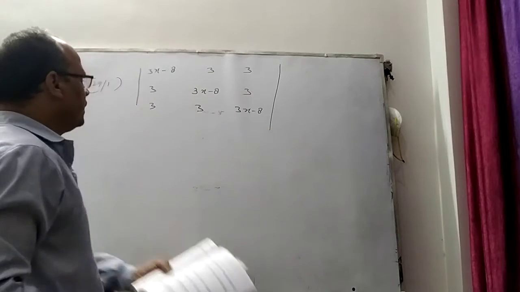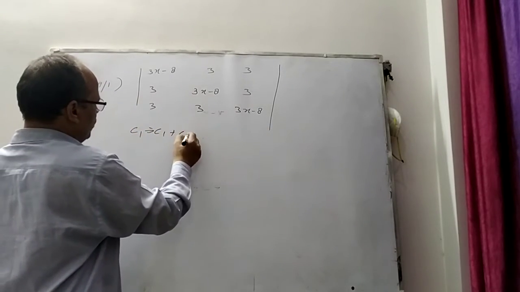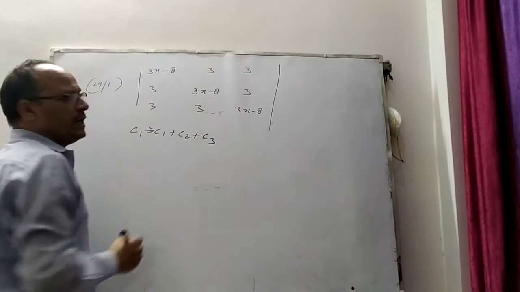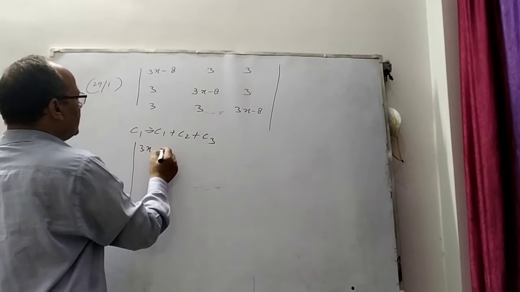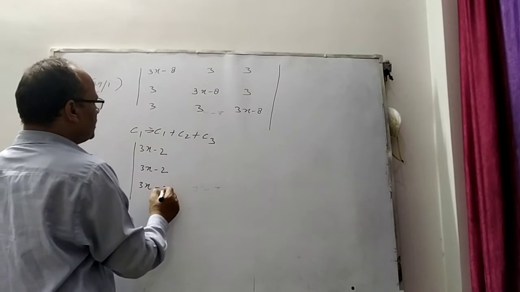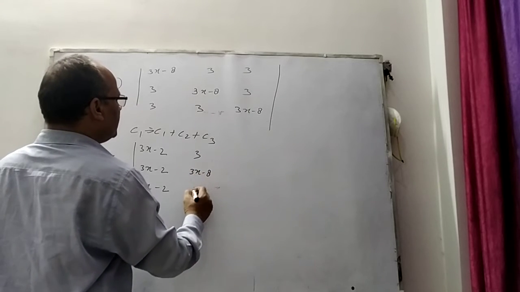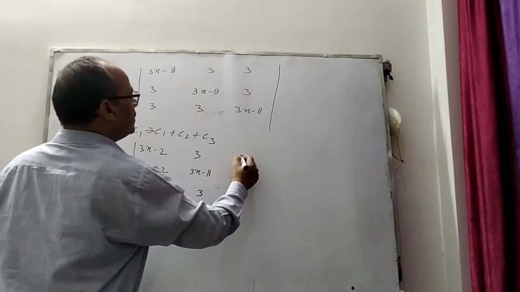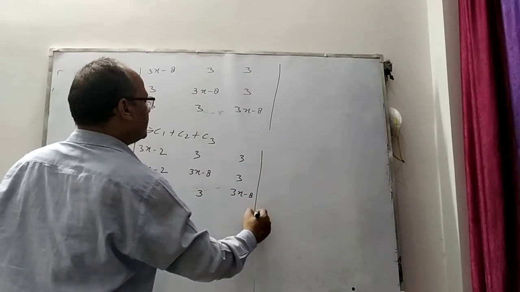If you use C1 tends to C1 plus C2 plus C3, you will get 3x minus 2, 3x minus 2, 3x minus 2 in the first column, with 3x minus 8 in the other entries.